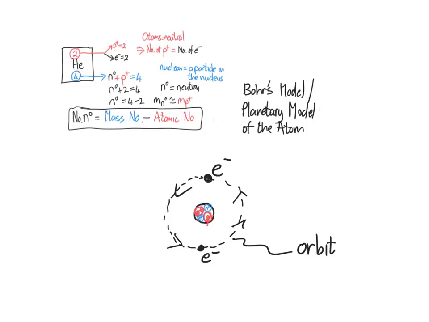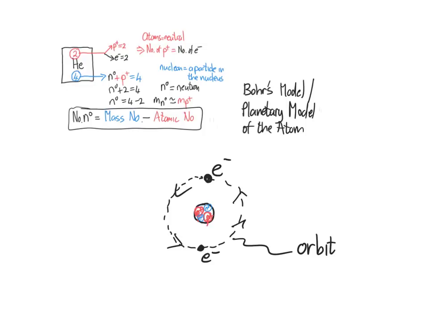But it's actually a lot more complicated than that, because when a charge moves around in this manner, it should actually lose energy. But it doesn't, and that points to us having to have a deeper understanding of the rules that govern atomic structure, which some of them we are going to encounter in the next few slides. So that is a very simple Bohr model representation of a helium atom.